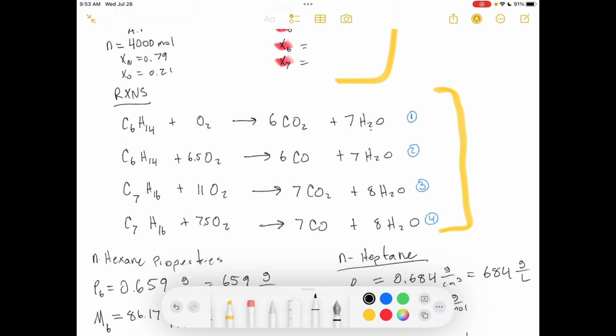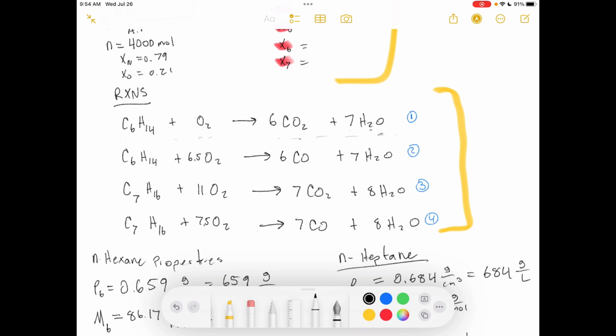Then we need to count up the oxygens on this side of the equation and write down how many oxygens we need over here. So 7 in the water and 12 in the carbon dioxide. 12 plus 7 is 19.